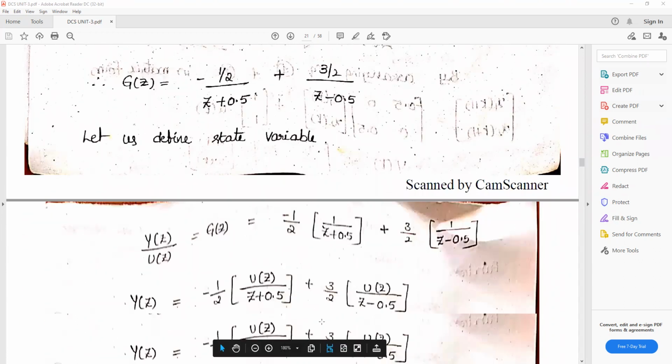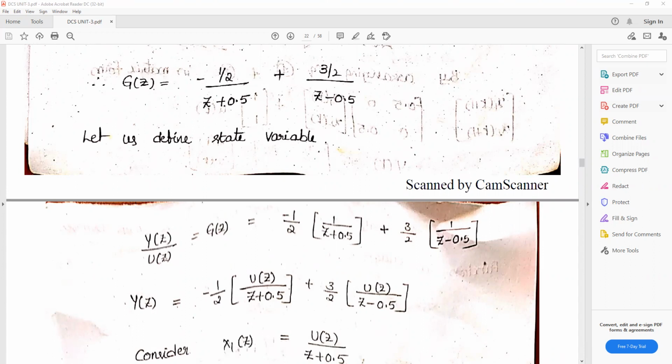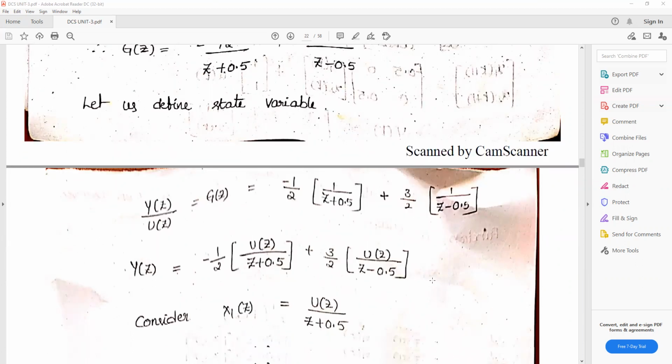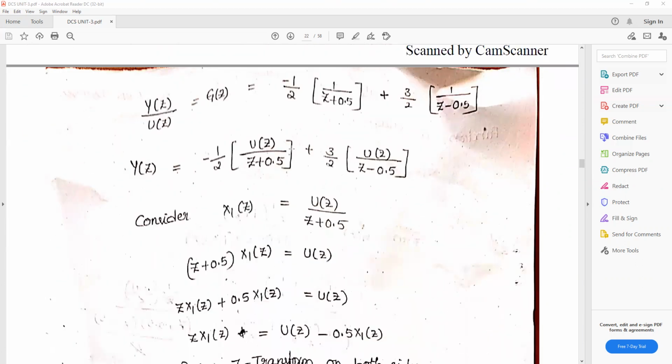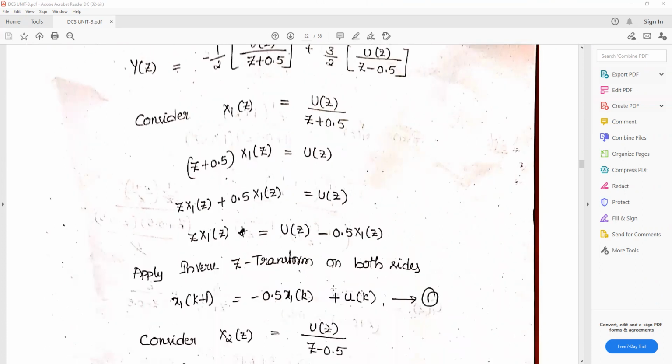Let us define the state variables. Y of z by u of z is equal to minus 1 by 2 into u of z by z plus 0.5 plus 3 by 2 into u of z by z minus 0.5. So this is considered x1 of z and this is considered x2 of z.